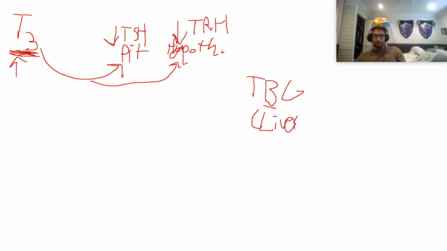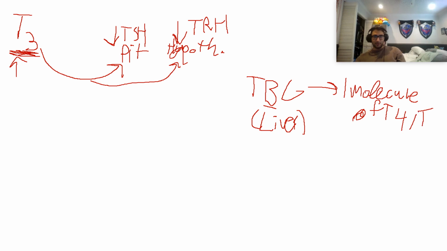And it will bind one molecule of T4 or T3. So thyroxine binding globulin will bind one molecule of T4 and T3. So about 70% of what circulates is going to be on thyroid binding globulin.